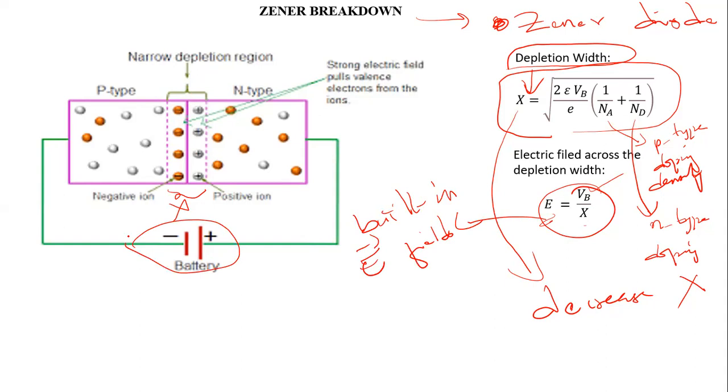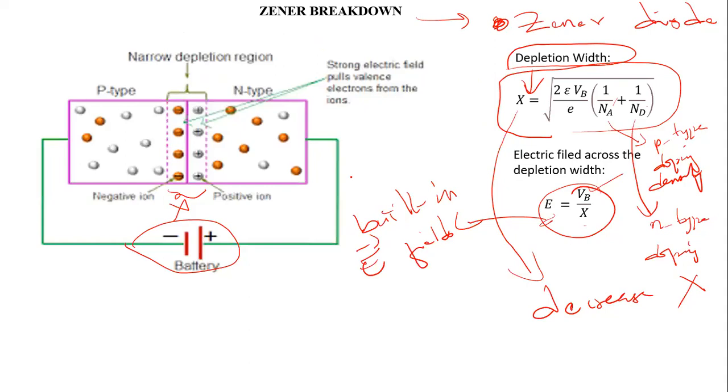In a Zener diode, the doping is done such that the doping concentrations Na and Nd are quite large, and the depletion width in a Zener diode is made as small as possible. The depletion width in a Zener diode is made very small. So when we make the depletion width very small, the electric field across the Zener diode becomes very large.